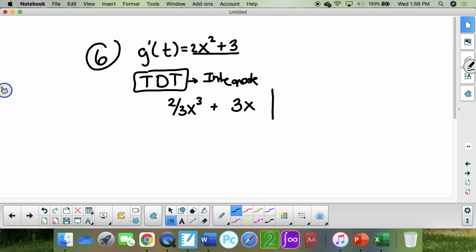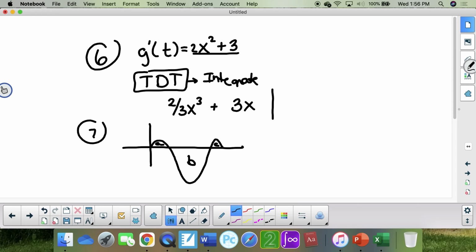Number 7, very similar. Maybe make a quick little picture of number 7. This is A, this is B, and this is C. And if they ask you in number 7 to find total distance traveled, you would have to add the A plus the absolute value of B plus the C, right?